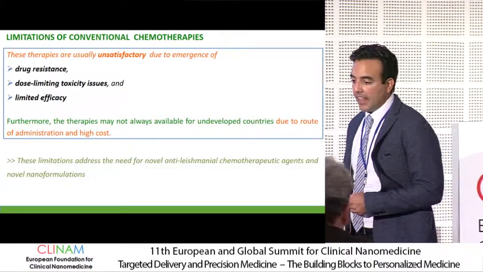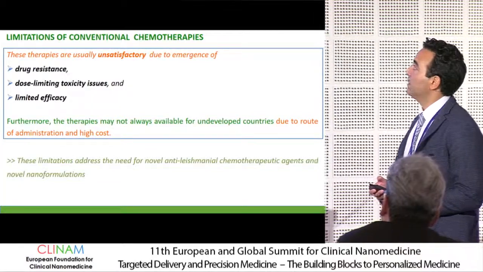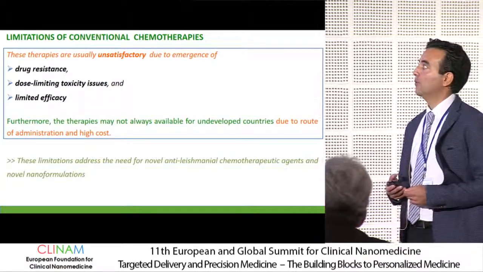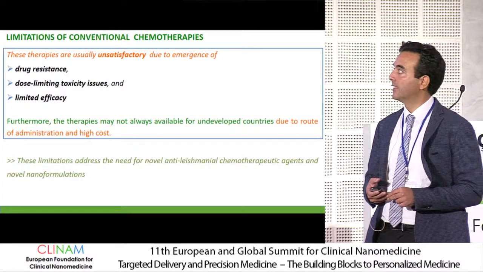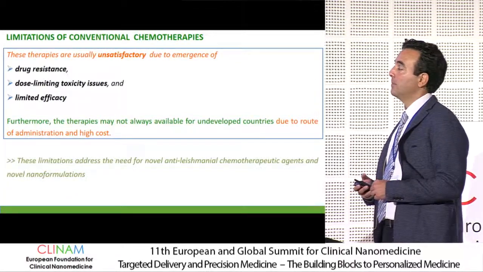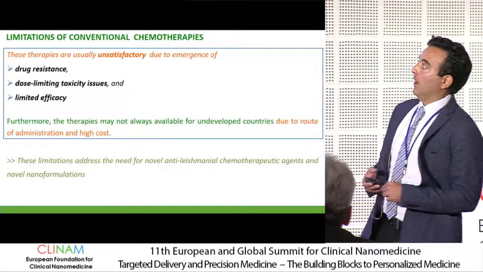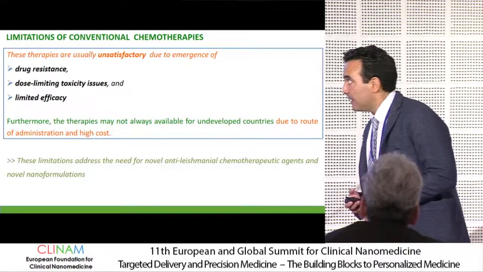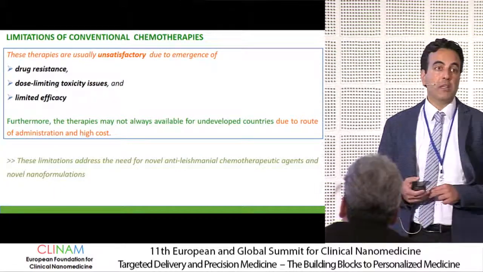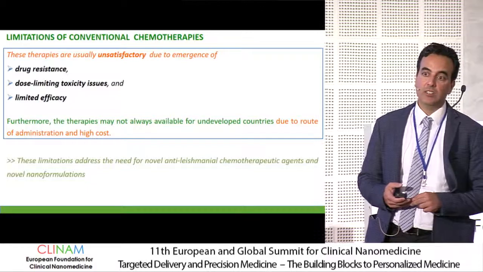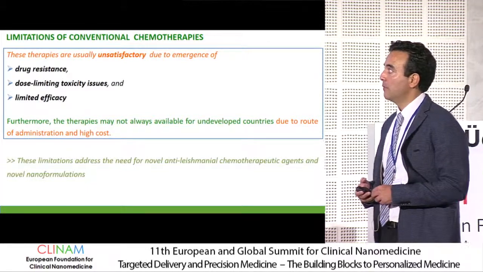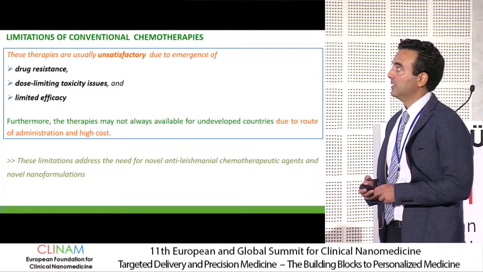Even more, the therapies may not always be available for undeveloped countries due to the route of administration and high cost. As we have also heard in the previous talks, leishmaniasis is a larger problem, in particular in undeveloped countries, and we have to provide cheaper solutions and cheaper therapies for them to overcome this disease.